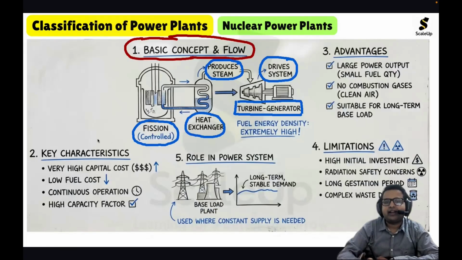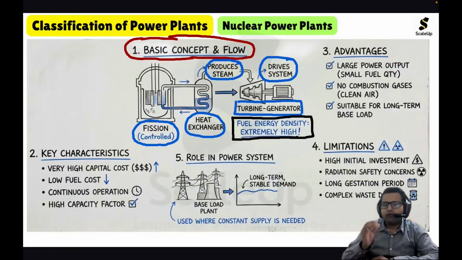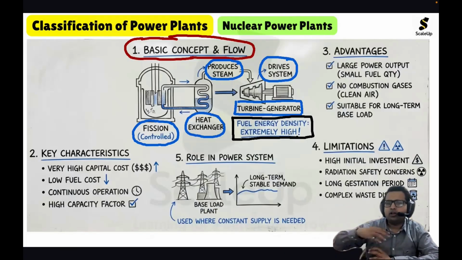So this is the basic concept of a nuclear power plant. Before key characteristics, one very important point: nuclear power plants have very high fuel energy density. It means a very small quantity of fuel can generate a very large amount of electricity.